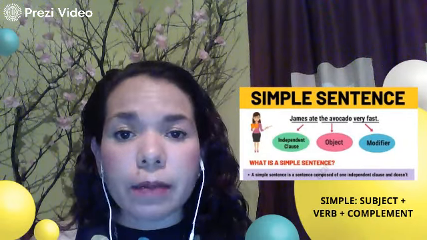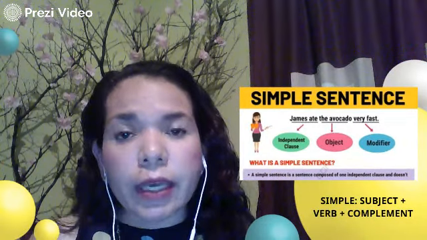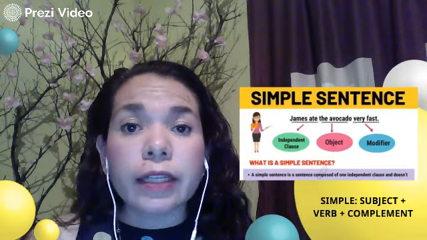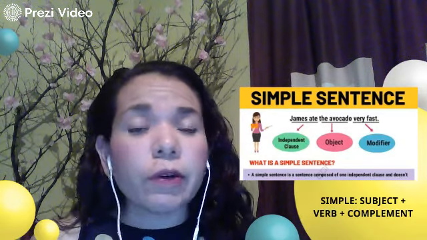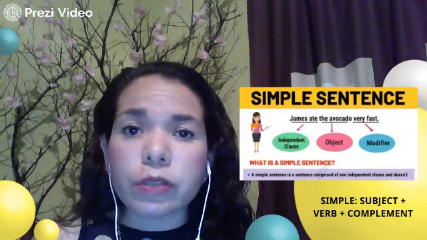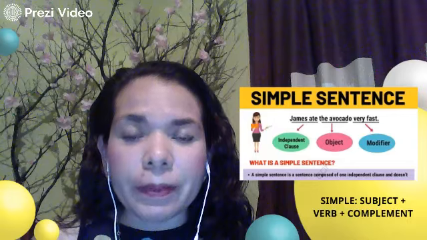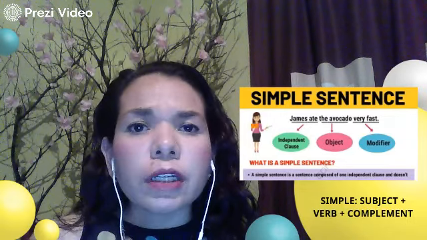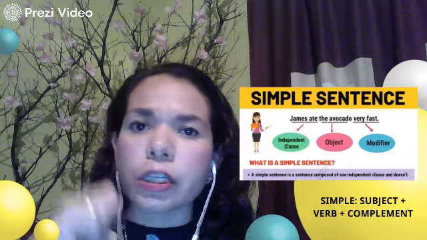Simple sentences can be in different tenses. They can be in present, past, or future, and they can be affirmative, negative, or interrogative. They are the most common sentences and we use them all the time. I'm going to give you an example in negative: I don't like sushi.